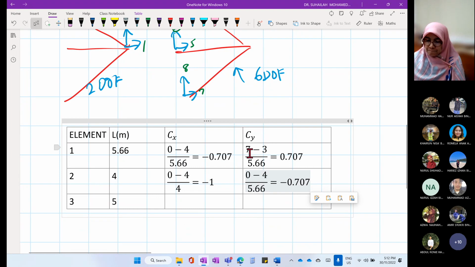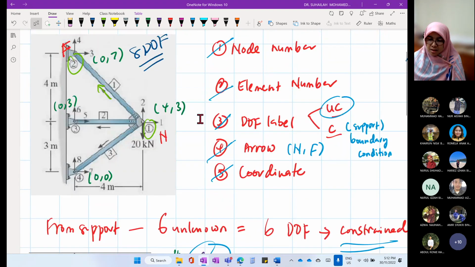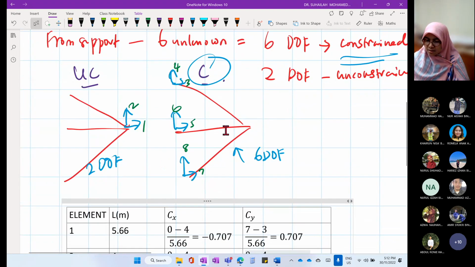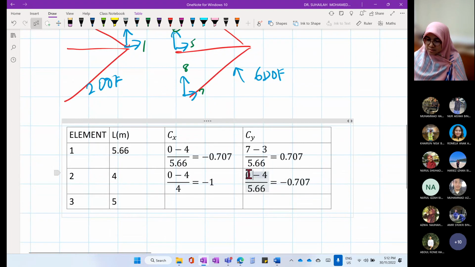And then it is 3 minus 3 divided by 4. A horizontal element always has Cy equal to 0. For a vertical element, Cx is 0. So this is 0.